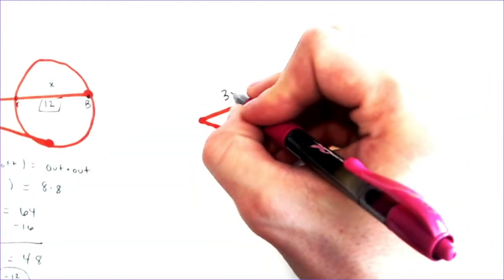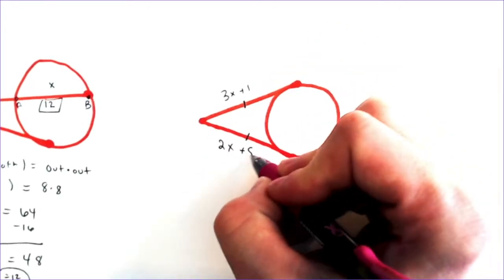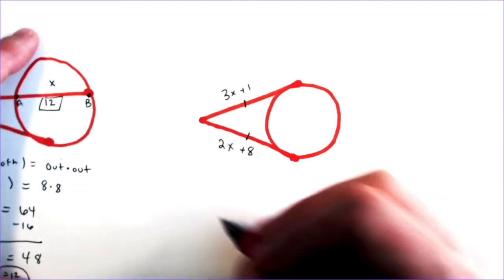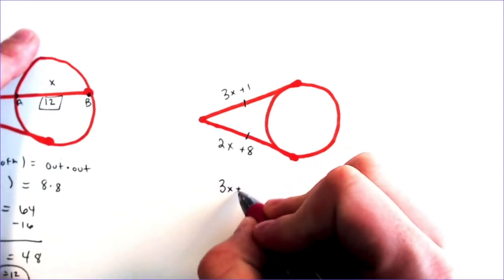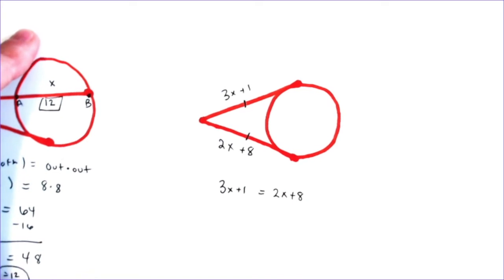So if this was a 3x plus 1, and the other side was a 2x plus 8, we'd be able to just set those two things equal to each other. Whatever they happen to be, we would be able to set them equal to each other.